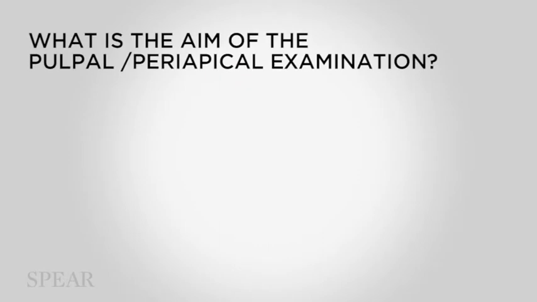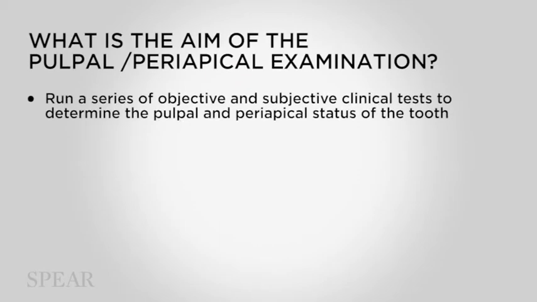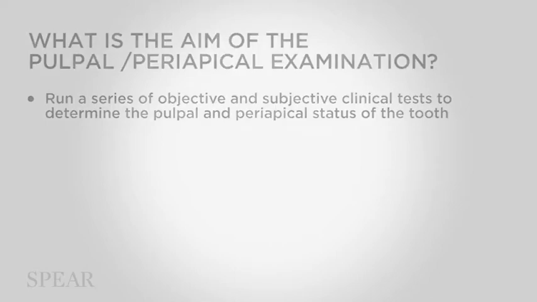Our goal in the pulpal and the periapical examination basically is, first of all, to do a series of subjective tests to determine the condition or the status of the pulp and the periapical area. So that's really our goal, we're just doing a bunch of objective or subjective tests to find out.